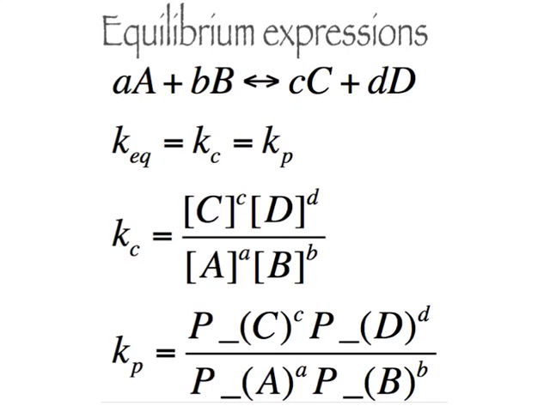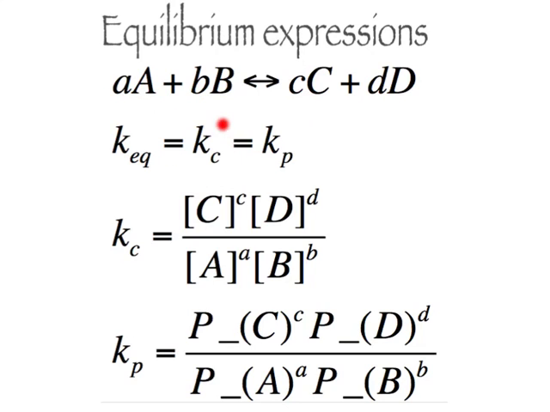Now for this course, we often interchange some of these things. KEQ literally stands for equilibrium constant. Most of the time, that KEQ is going to be equal to the Kc. The Kc is simply the equilibrium constant with respect to concentration. And the Kp is simply the equilibrium constant with respect to pressure.